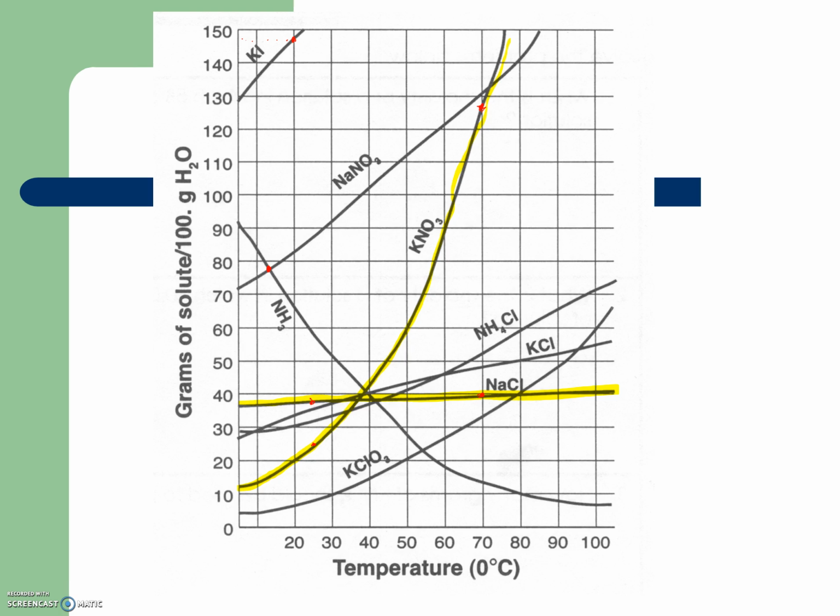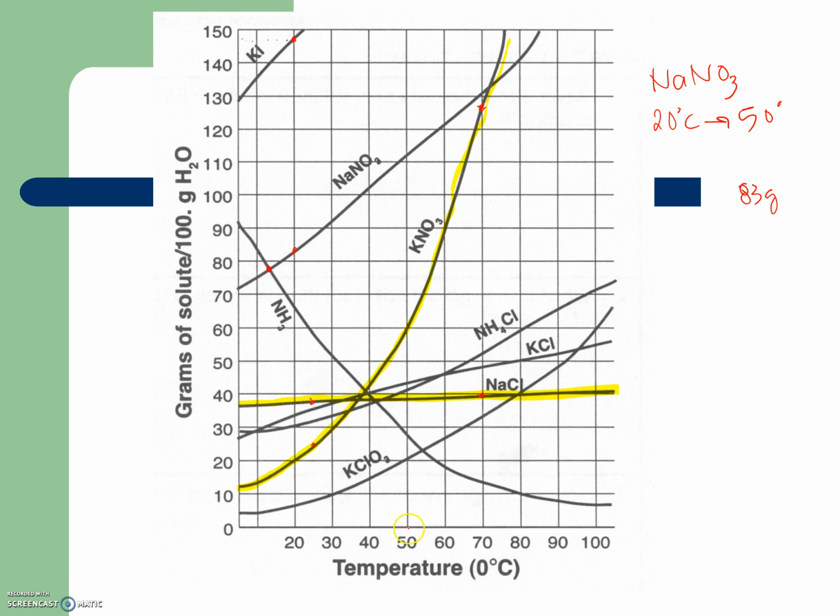The other thing we'll sometimes be asked is how much more would dissolve. So if we're looking at the sodium nitrate, how much more dissolves when we go from 20 degrees Celsius to 50 degrees Celsius? So at 20 degrees Celsius, I'm here, and I dissolve, let's say, 83 grams.